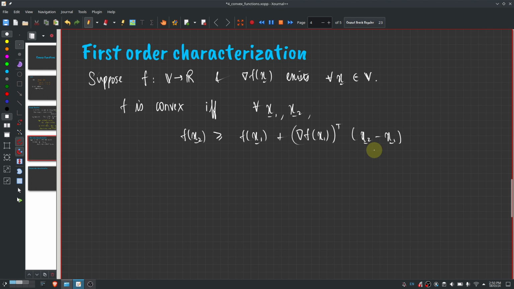Okay, so this is a necessary and sufficient condition for a sufficiently smooth function to be convex.